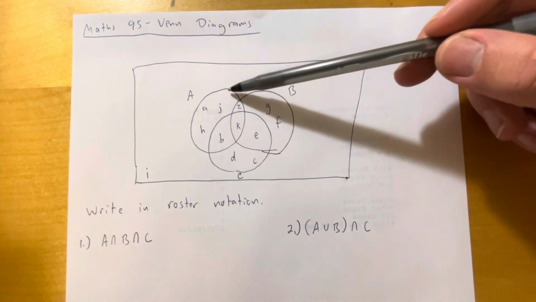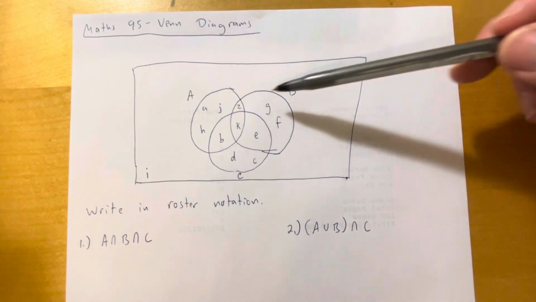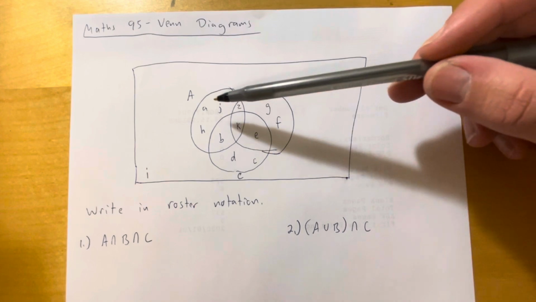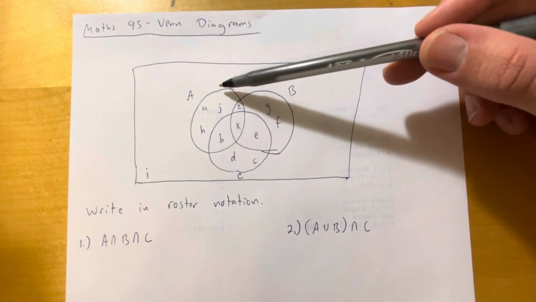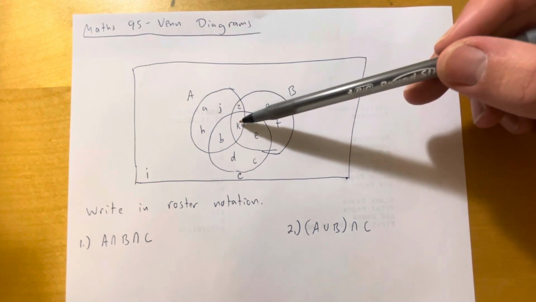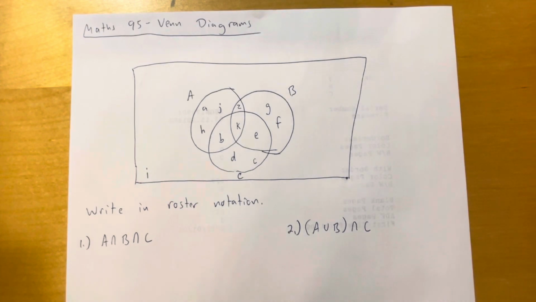So this circle here is A, this circle here is B, this one is C, and each of those three sets contains elements that look like lowercase letters. So you can see, for example, in the circle that A is representing, lowercase a, J, Z, K, B, and H all belong to that large circle right there.